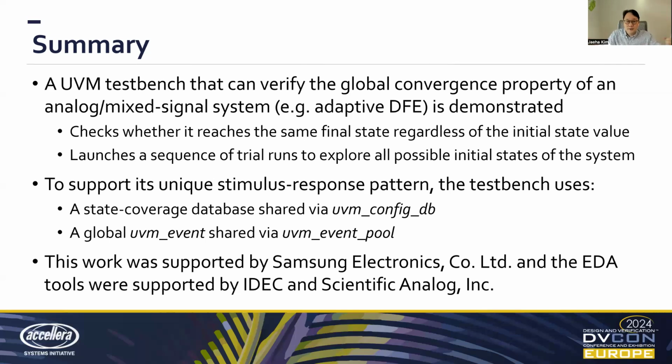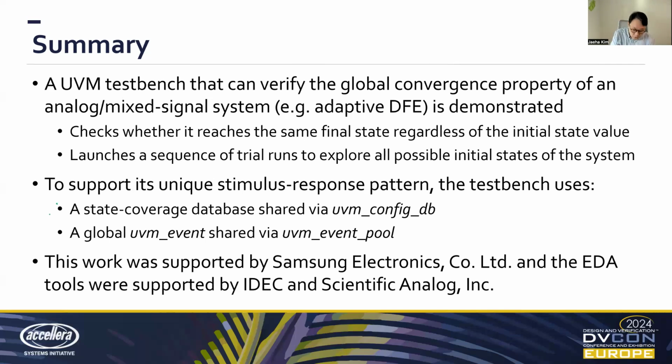And then you have some additional action that you want to take based on that trajectory, for example, updating the coverage database and making a decision whether you go or no go. So that pattern is kind of unique, which doesn't fit into a traditional reactive stimuli testbench.